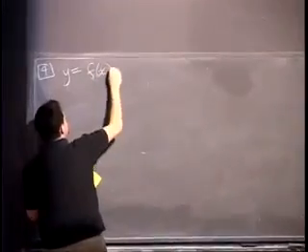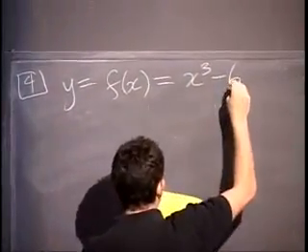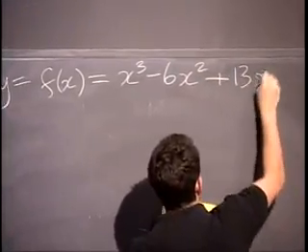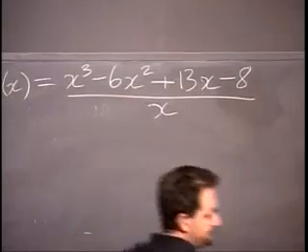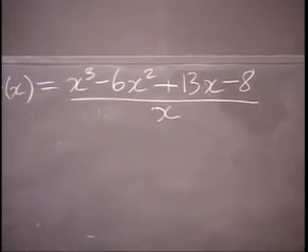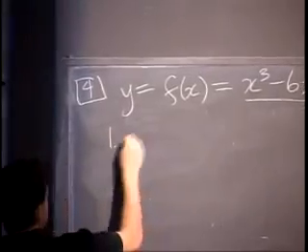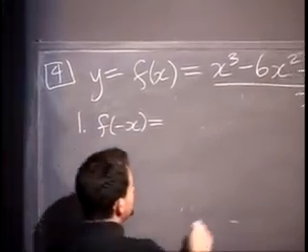The aim is to sketch y equals f of x, which is x cubed minus 6x squared plus 13x minus 8, all over x. All right, let's go through it. 1, put f of minus x rather.